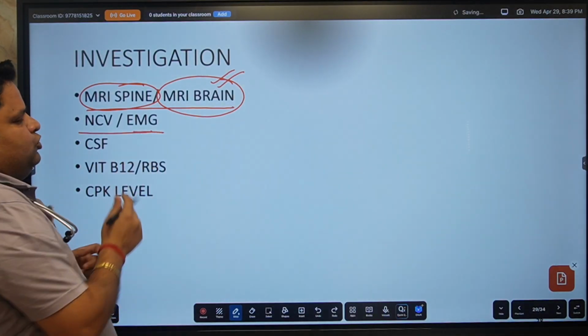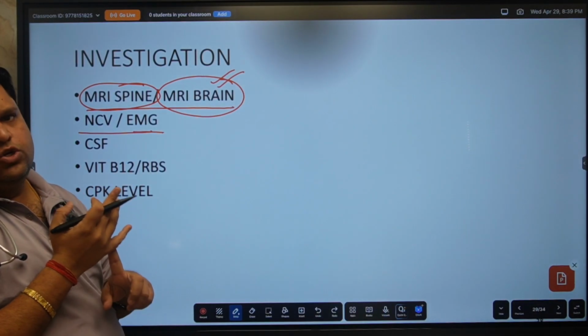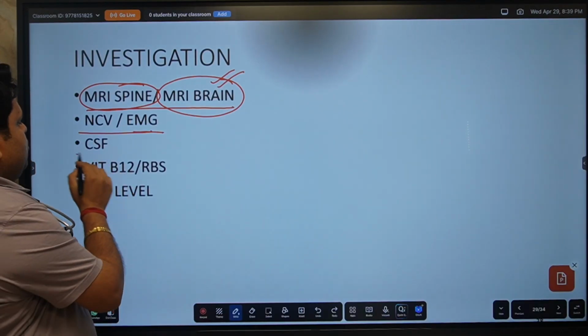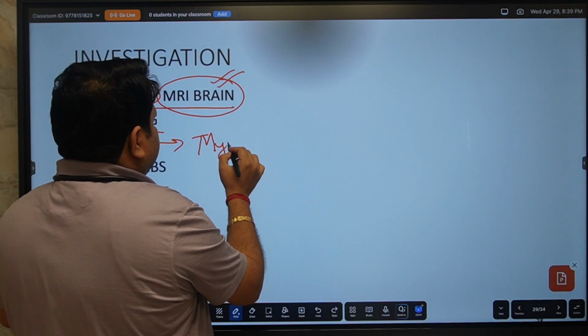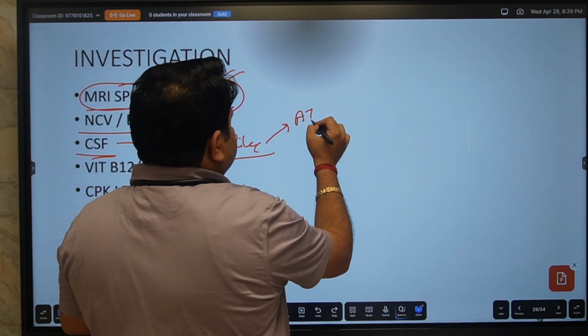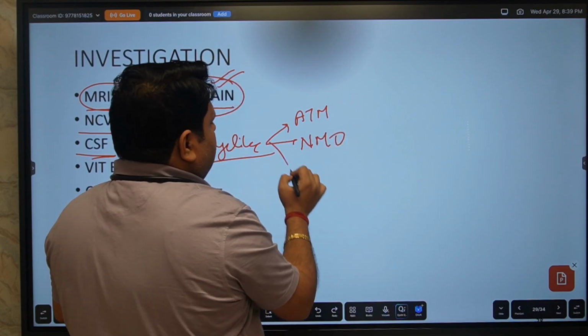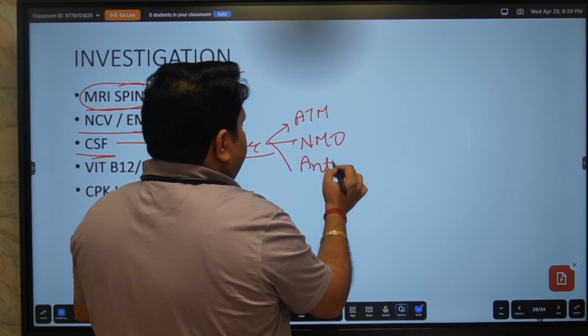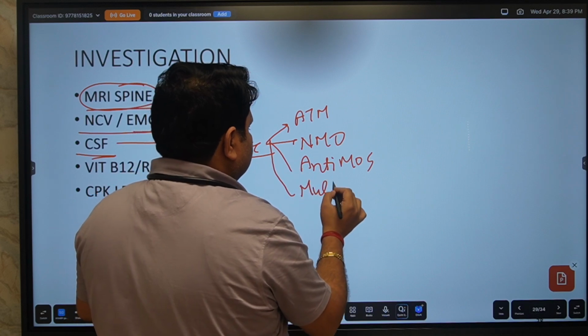NCV and EMG from the neuropathy point of view, the myopathy point of view, or for anterior horn disease. We may go for CSF if we suspect myelitis. In myelitis, common causes are acute transverse myelitis, neuromyelitis optica, anti-MOG, or multiple sclerosis.